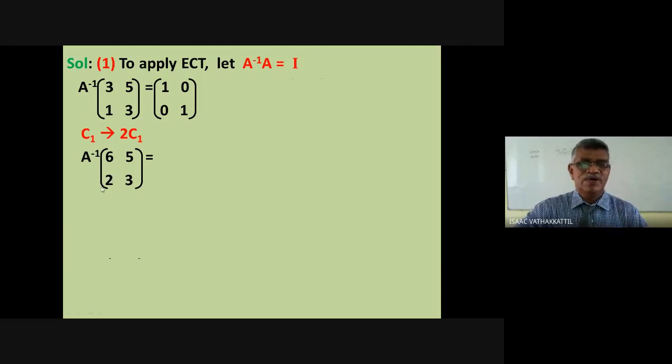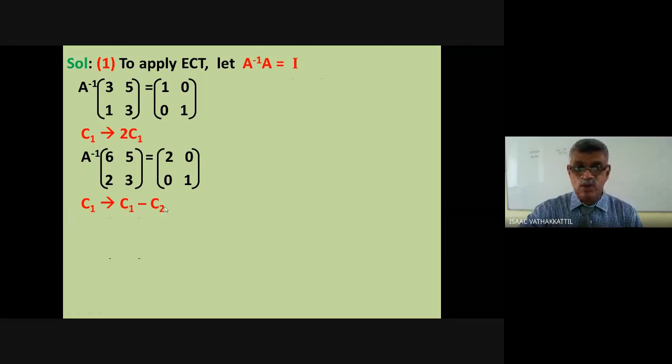First I made the operation C1 changes to 2C1. The first column is 6 and 2. And I do the same operation on the right side, so 1, 0 becomes 2, 0. Now I can do the operation C1 changes to C1 minus C2. The advantage here is I avoided a fraction for now. Of course, later I may need a fraction, that we'll see.